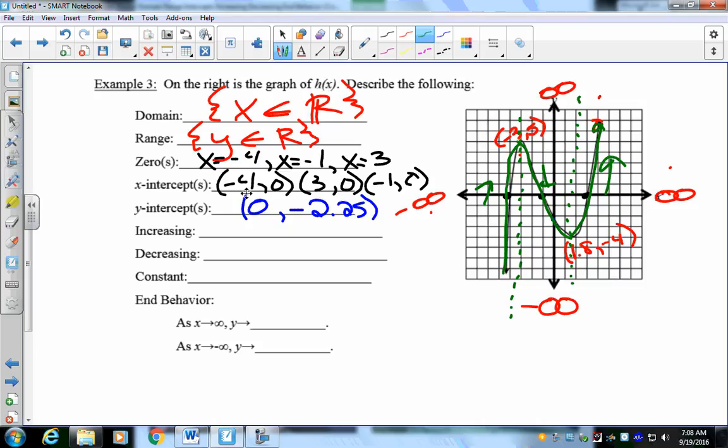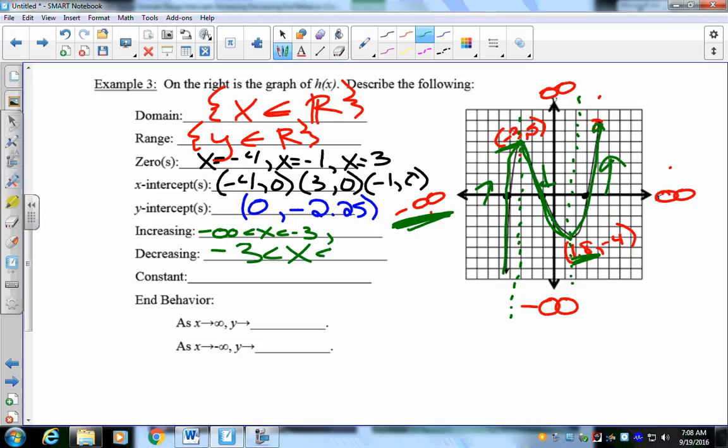So it's increasing from -infinity, because remember, use your x value, -infinity to -3. And since I already have them labeled, I can just go ahead and write them. So increasing -infinity to -3. And then just put a comma and you can write your second one. Okay. I like to just go in order of the graph. So I'm going to do my decreasing now. It's decreasing from -3 to 1.8.